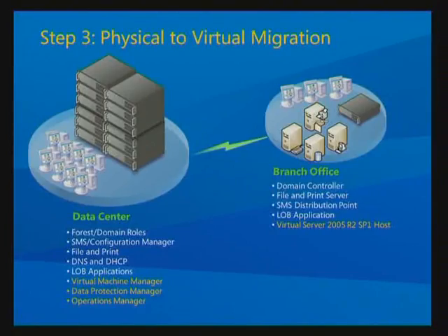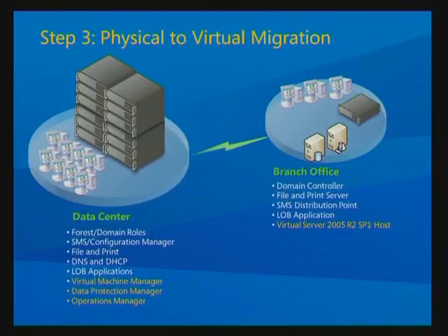That process I can actually do sitting in the data center. I don't have to go to the branch to do that with Virtual Machine Manager. I can do it in a step-by-step approach. I can move one machine at a time. Which machine do you move first?